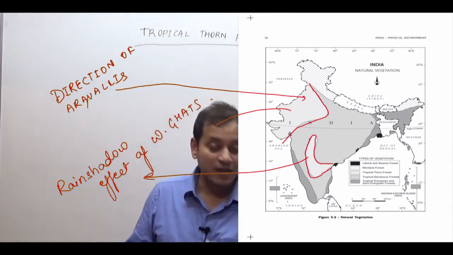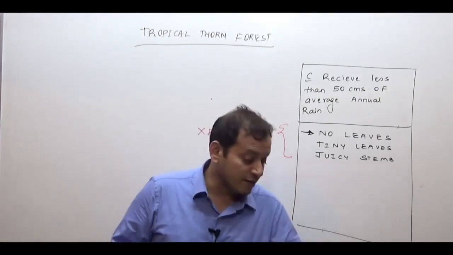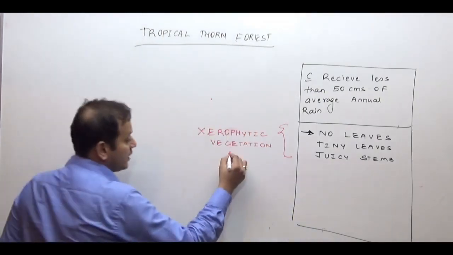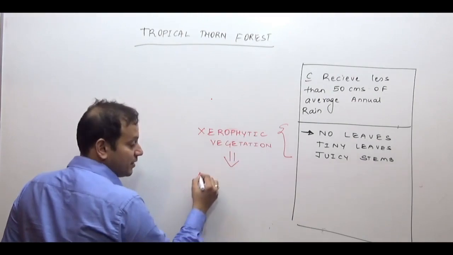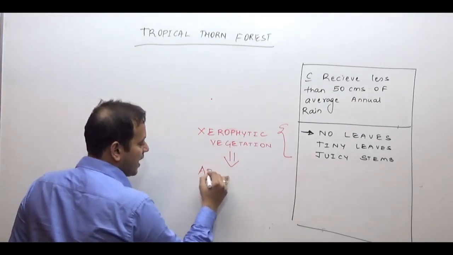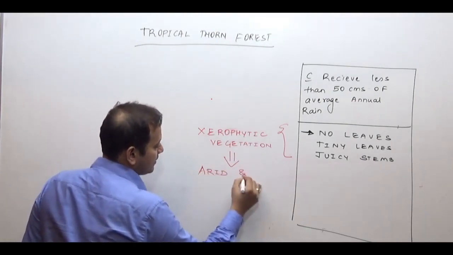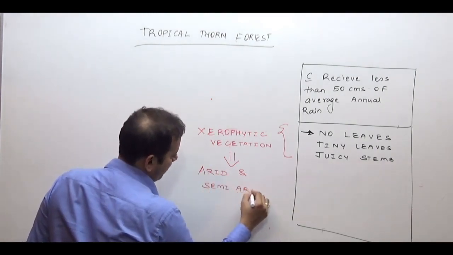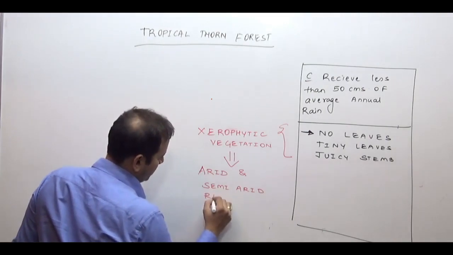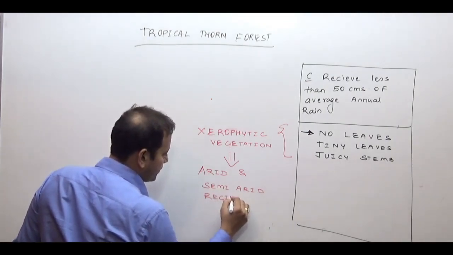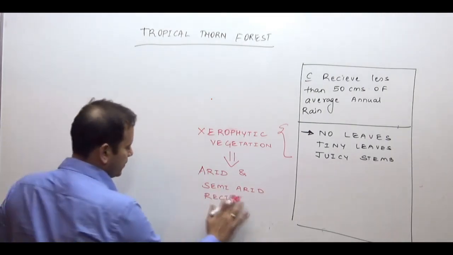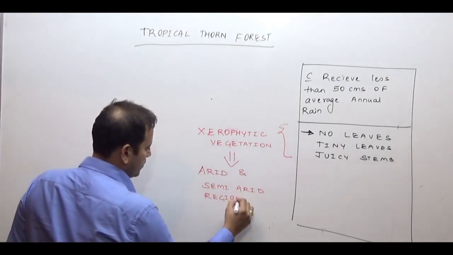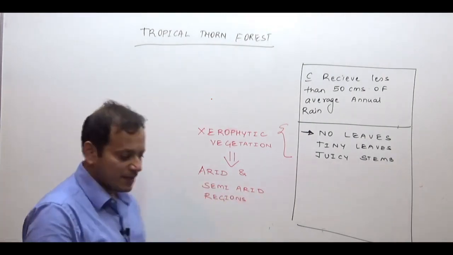That means if I ask you where this xerophytic vegetation is found, it is found in the desert and the semi-desert region, what we call the arid and semi-arid regions.